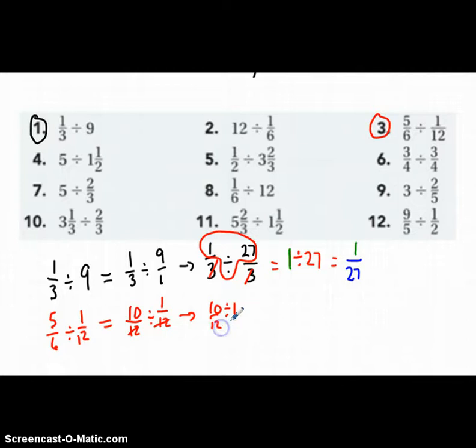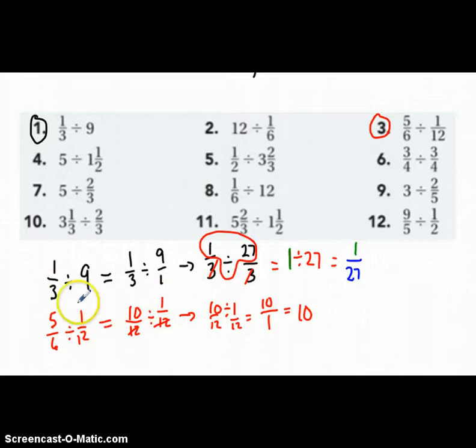The first number, the 10, becomes my numerator. The second number, the 1, becomes my denominator in my answer, and then I have 10 over 1, which equals 10. So if I had 5/6 of an object and I cut it into 12ths, I would have 10 pieces that are each 1/12.